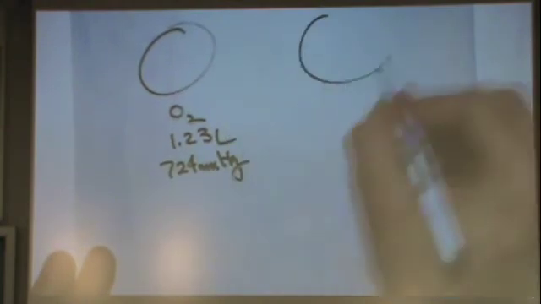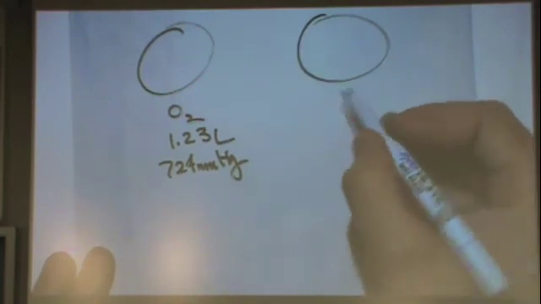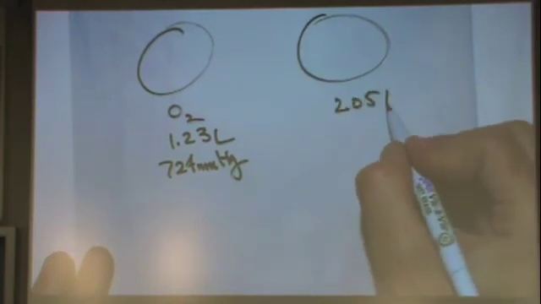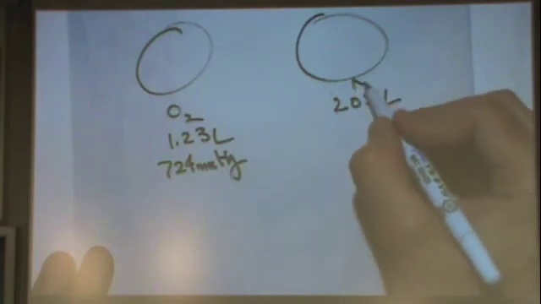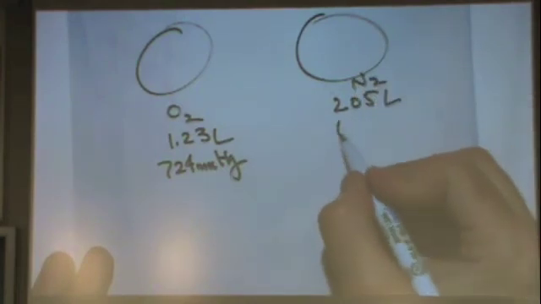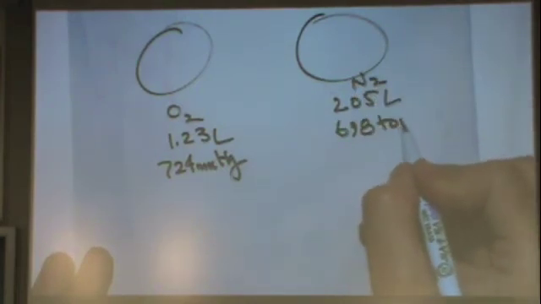Okay, there's two gas reaction tanks. The first tank contains oxygen gas. It's 1.23 liters, and it's 724 millimeters of mercury. The second tank is 2.05 liters. It contains nitrogen gas, and it's 698 torr.